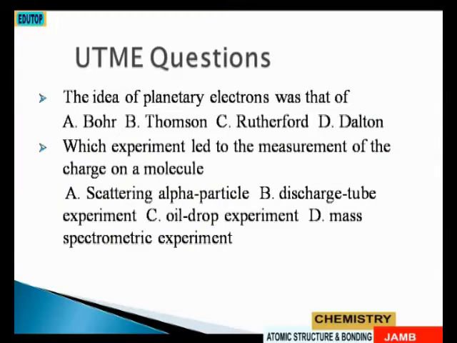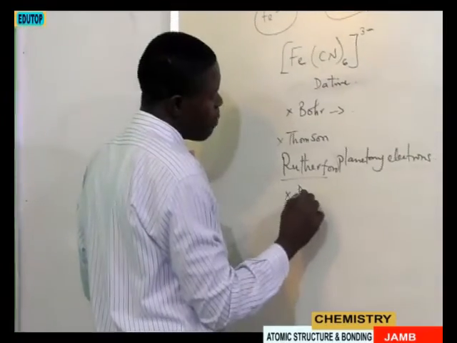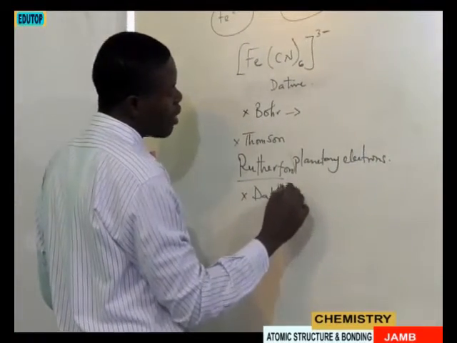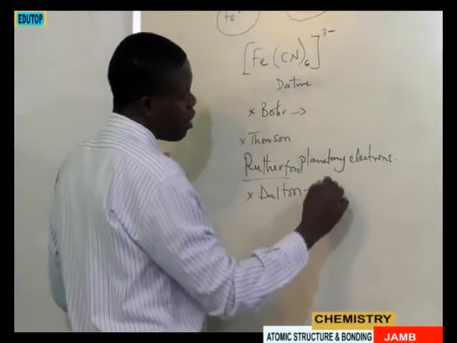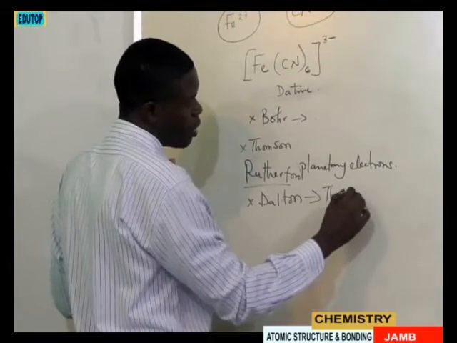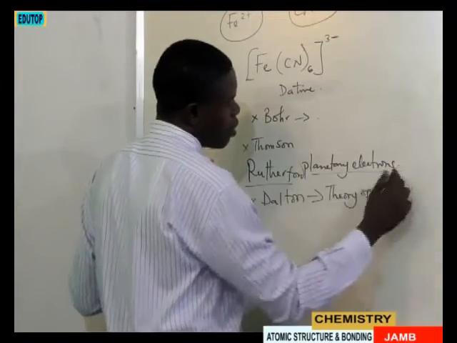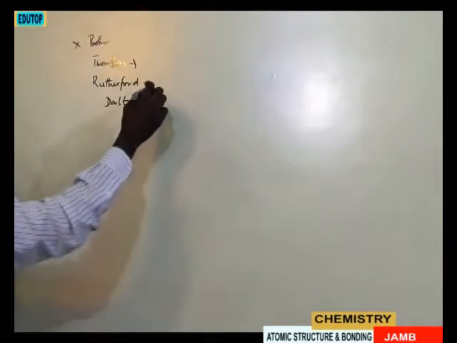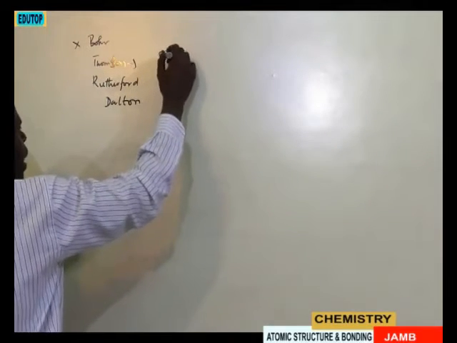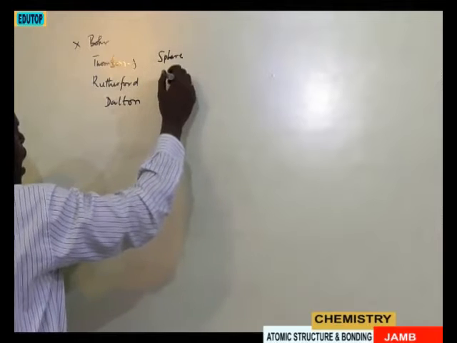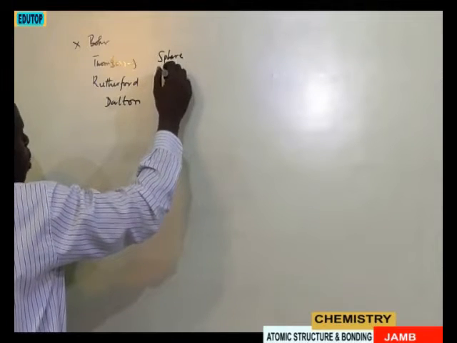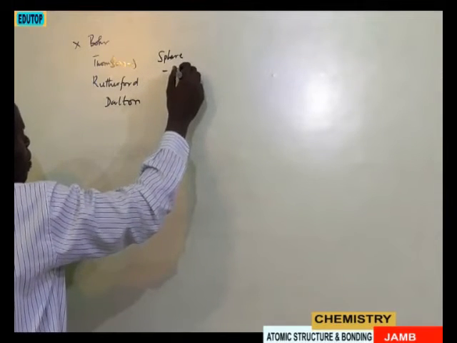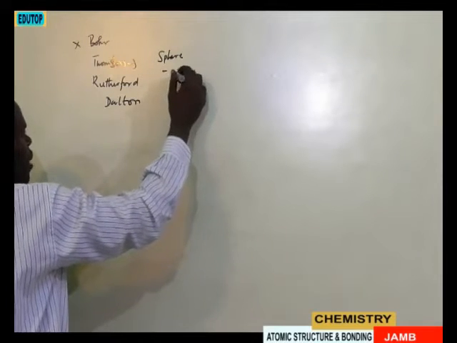Then Dalton can never be, simply because Dalton only worked on atomic theory. It never worked on planetary electrons. Thomson considered a sphere which contains positively charged protons and electrons embedded.